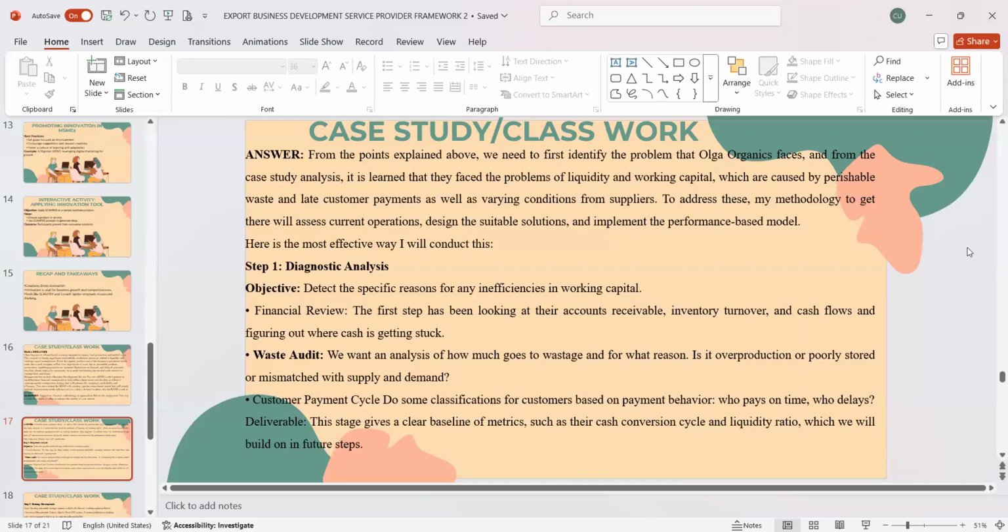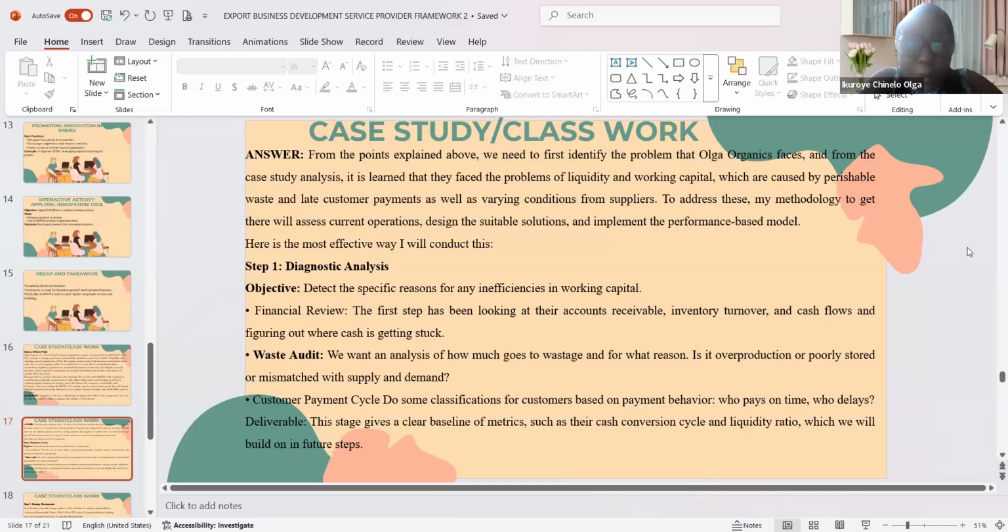The first step is looking at their accounts receivable, their inventory turnover, and their cash flow, and figuring out where cash is getting stuck. Then you also need to look at their waste audit. We want an analysis of how much goes to wastage, and for what reason. Is it because of overproduction, poor storage, or a mismatch between supply and demand?